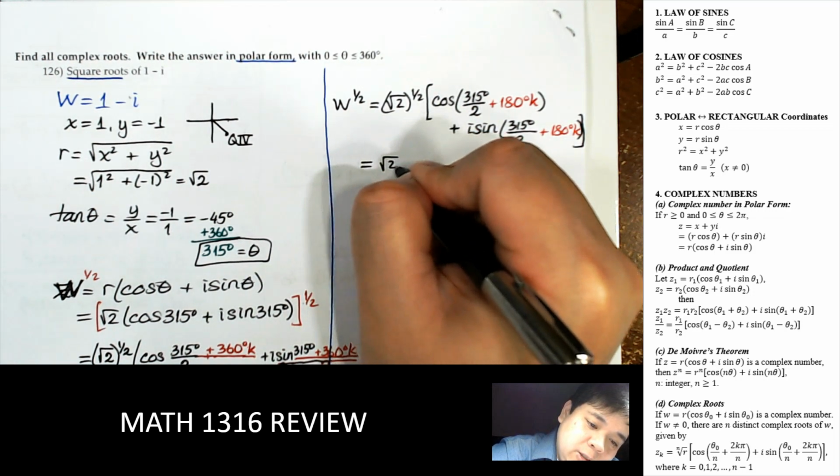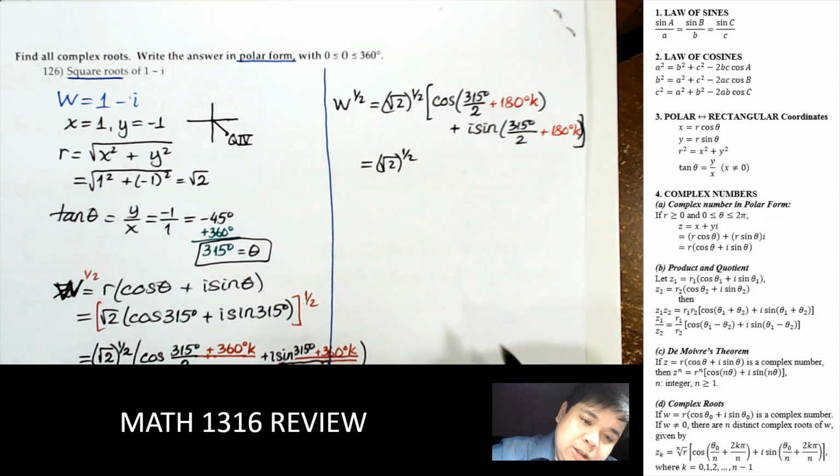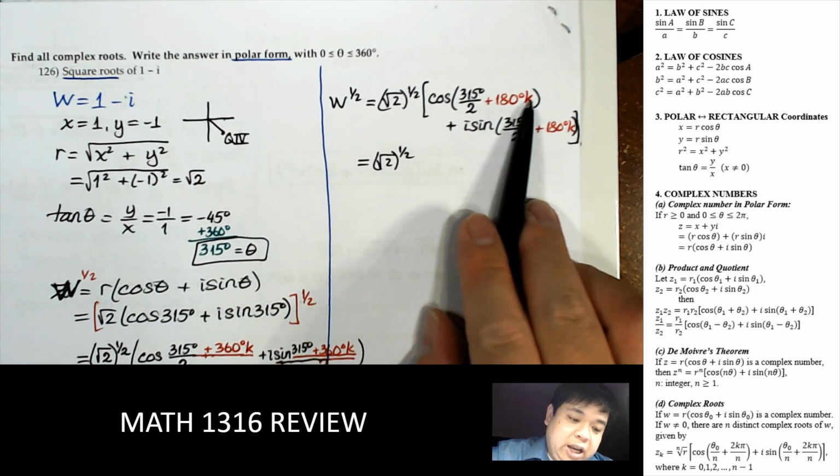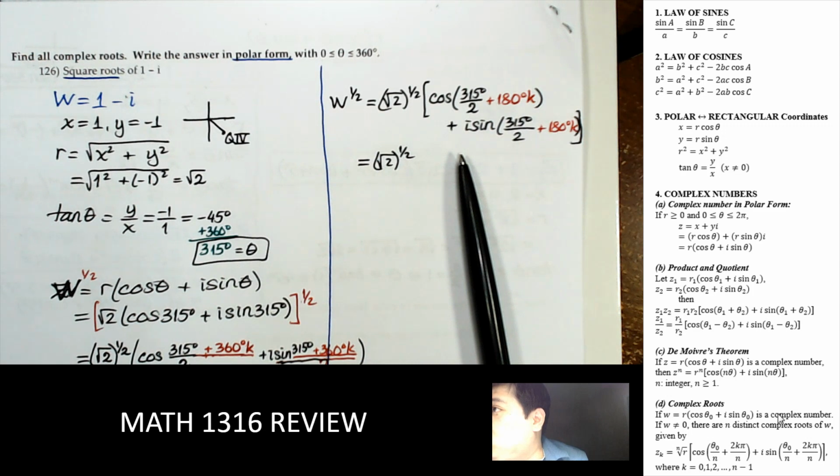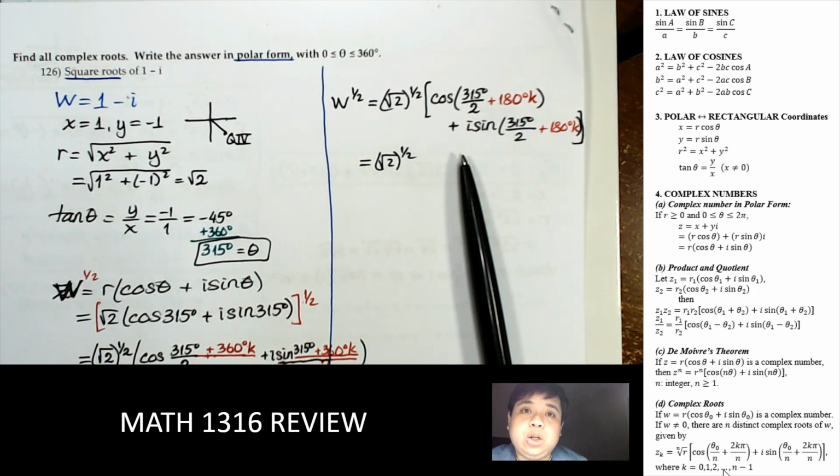And that k will be equal to 0 or 1. Remember the k will have to be an integer less than n. N is 2, so it has to be less than 2, so either 0 or 1.